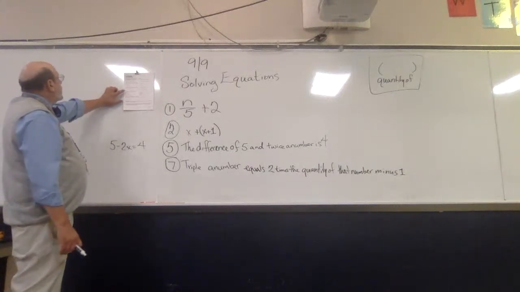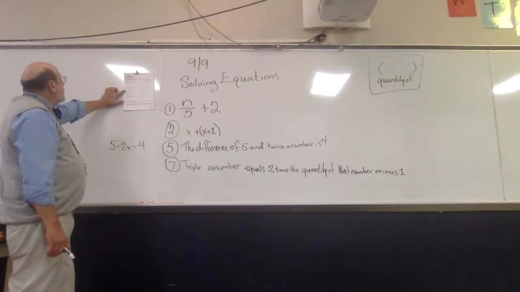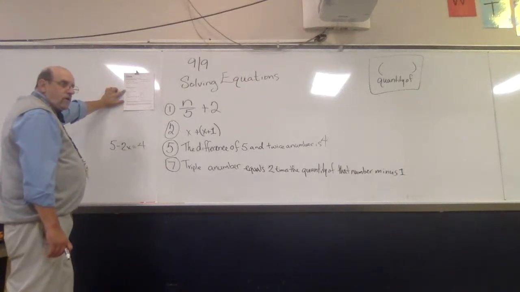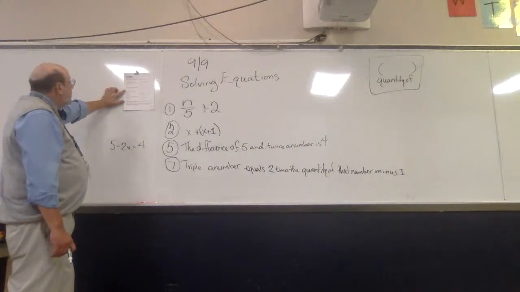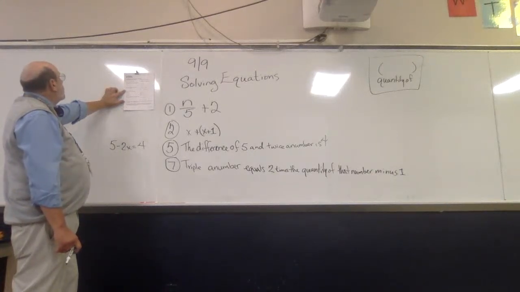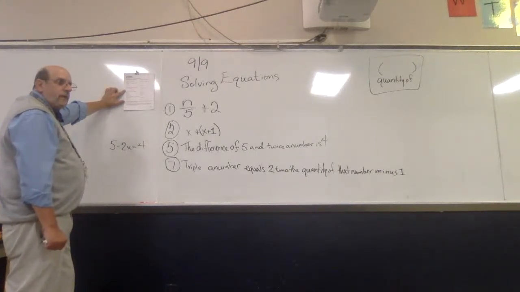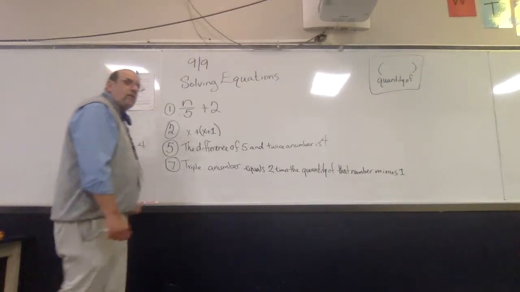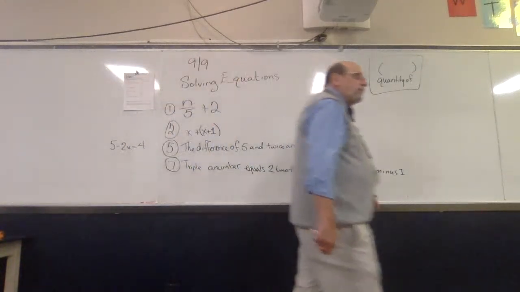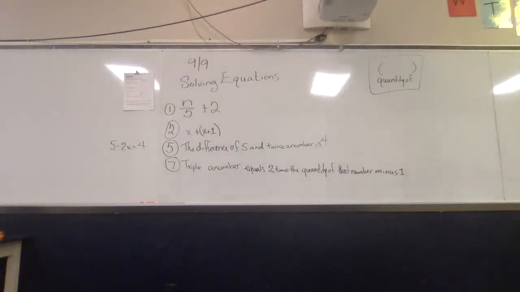Here, let's look at 11. What did we do? Look at 11. If h plus 12 is 22, then h has to equal 10. What did we do to solve? What did we do to solve on both sides of the equation? To solve for h. Subtract.